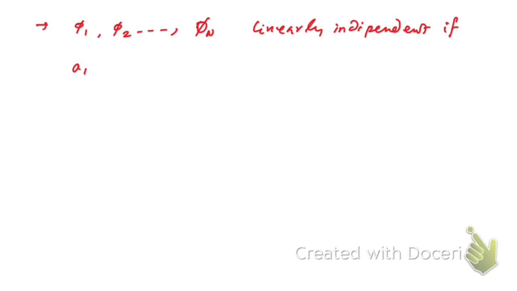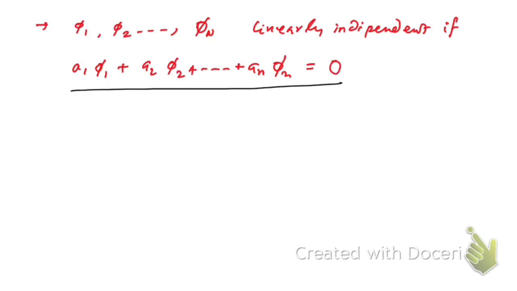Suppose for some scalars, a1 times phi 1 plus a2 times phi 2 plus dot dot dot an times phi n, if this is equal to 0, then this is possible only for a1 equal to a2 equal to a3 equal to dot dot dot up to an equal to 0, when these scalars are 0.